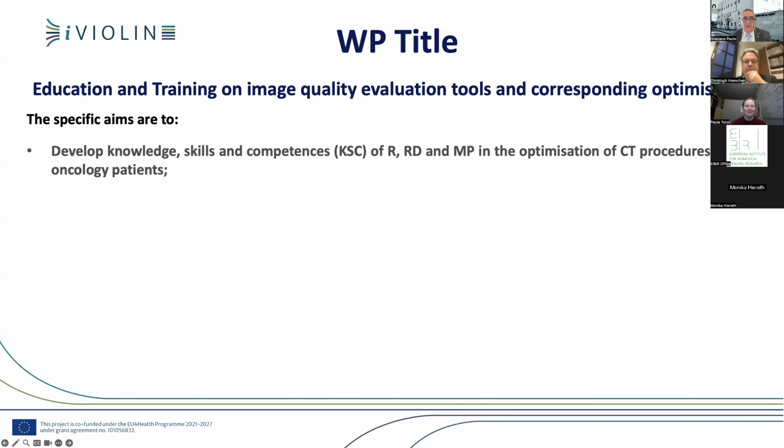In terms of specific aims, what we want at the end of this project is to develop knowledge, skills, and competences for the three professionals involved in medical imaging, but especially in the optimization of CT procedures for oncology patients.